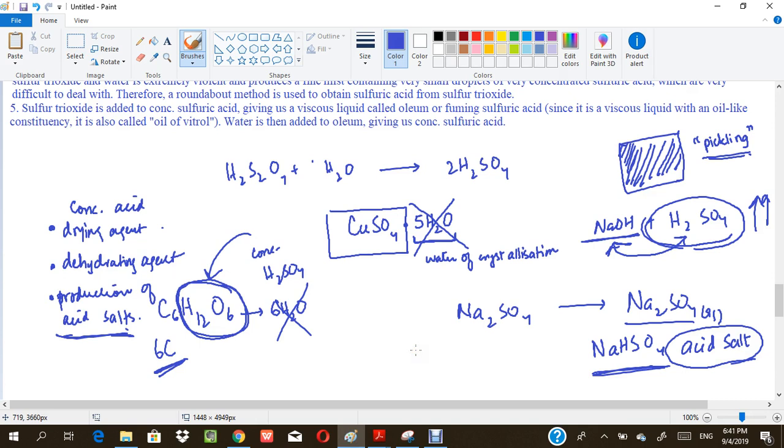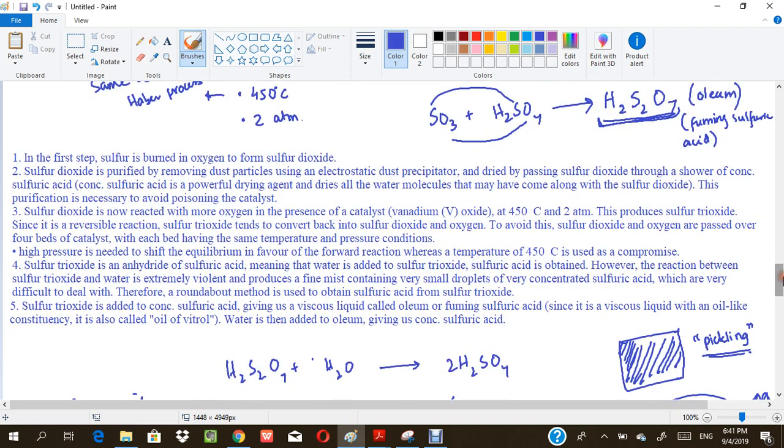So we are now done with the formation of ammonia and the formation of sulfuric acid. That was the contact process. Now there's one very interesting thing that I forgot to point out. In the contact process, the end product is sulfuric acid. And the interesting thing is that sulfuric acid, which is the end product of this reaction, is used as a reactant in two steps of the process as well.